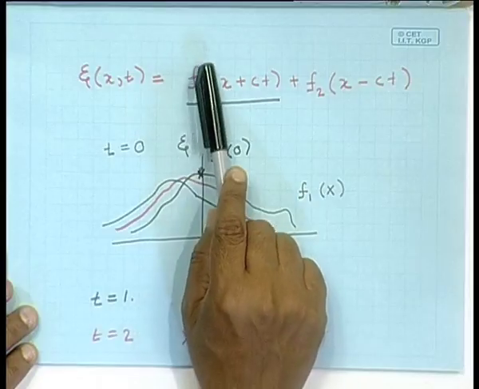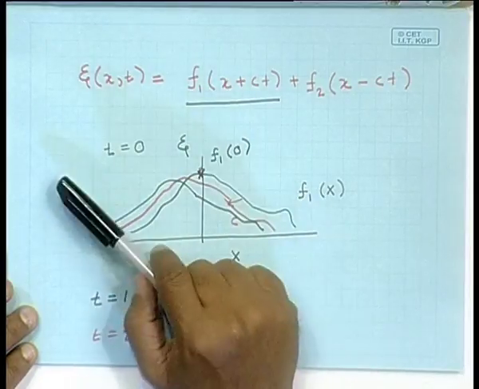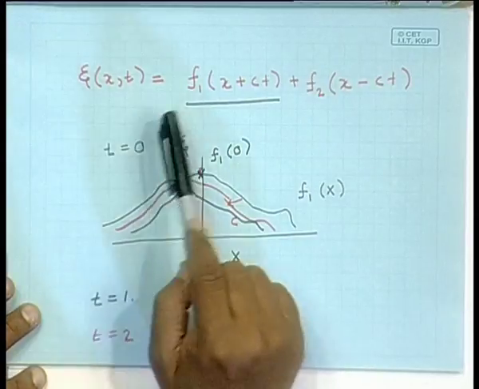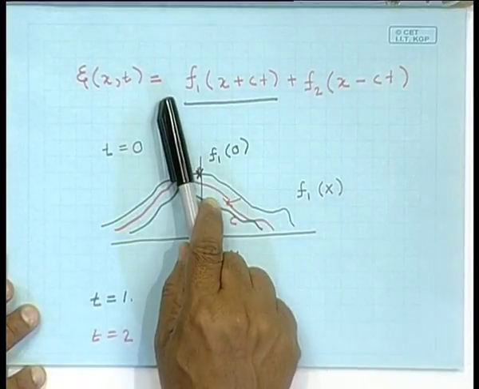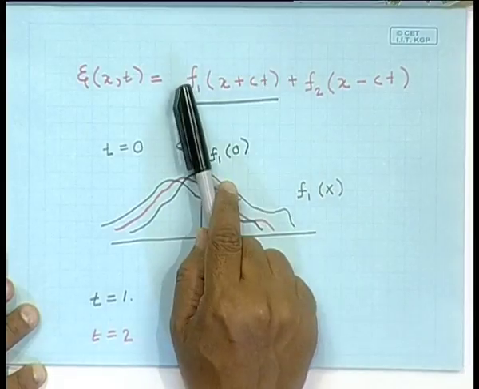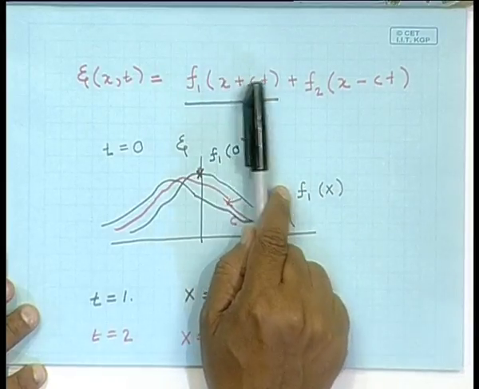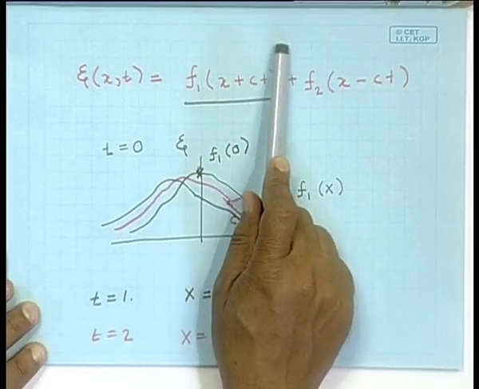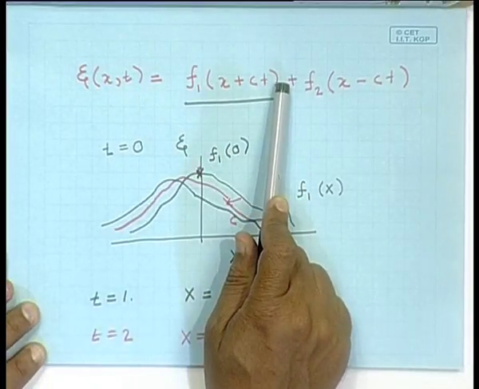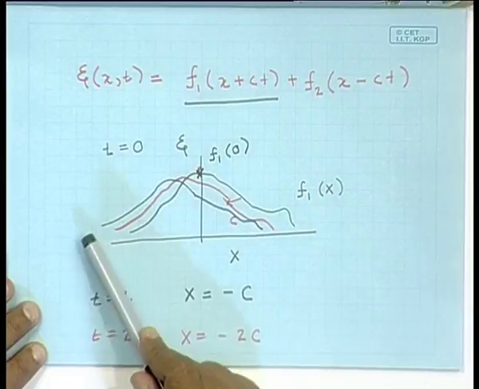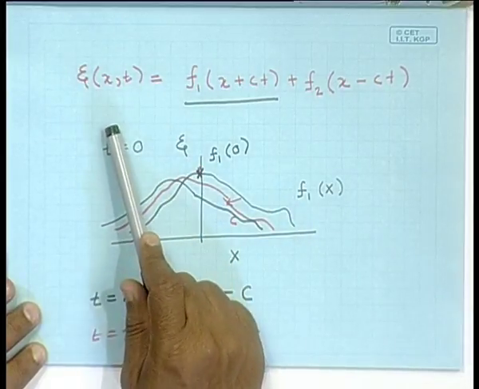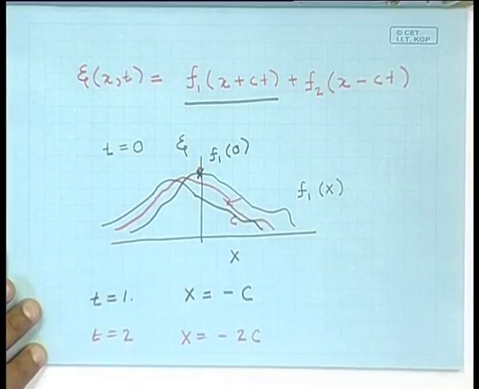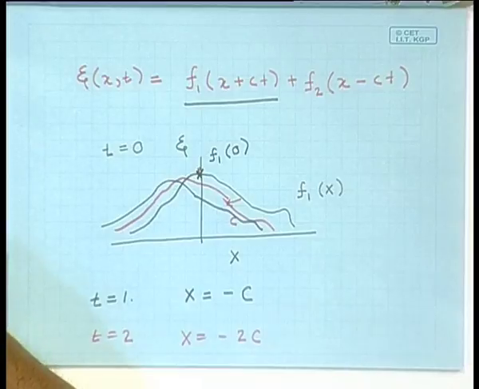The first part is some arbitrary function of x plus ct, the second part is some arbitrary function of x minus ct. We have been interpreting the significance of the first part, some arbitrary function of x plus ct, and what we saw was that this corresponds to a wave propagating to the left with the speed c. So, the functional form of xi does not change, all that happens is that it keeps on shifting to the left.